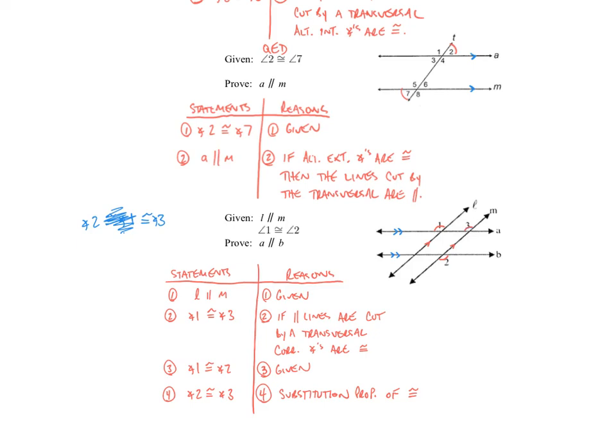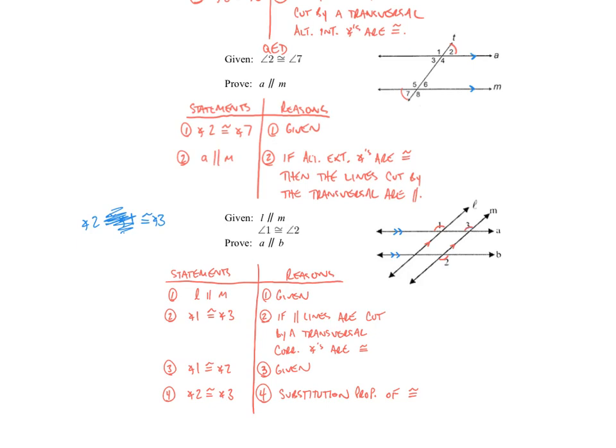So now, just like we discussed, I can see that I have alternate exterior angles that are congruent. And if I have alternate exterior angles that are congruent, then that means that the lines intersected by that transversal are going to have to be parallel. That follows the conclusion that we came to in our previous proof as well.